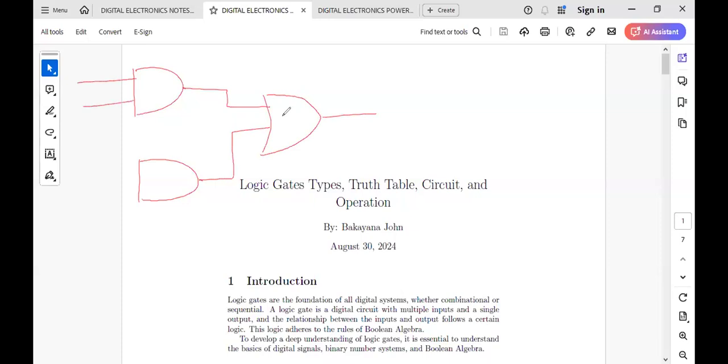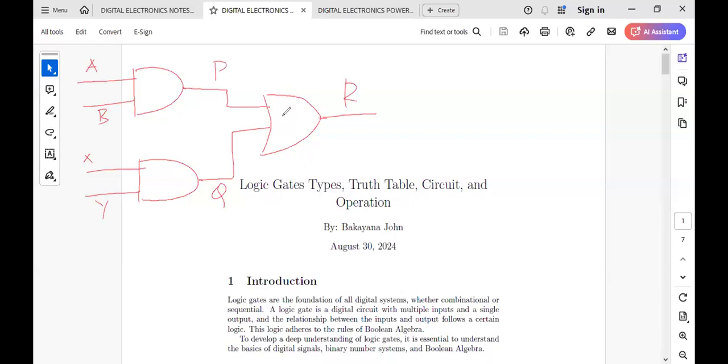We have this and we have that. This is it. We have inputs A, P, this is X, Y, and let's see P, Q. And then this one is the final result. Is that okay?